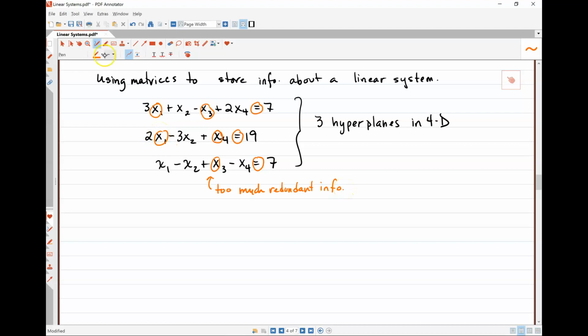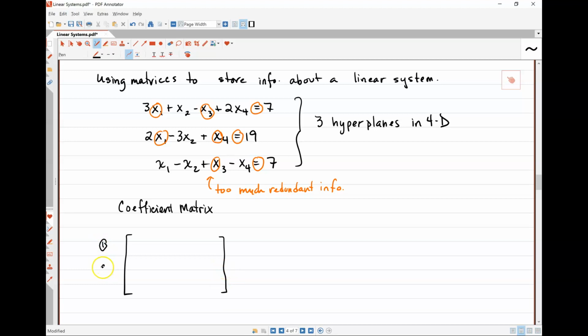So the way that we can store this information is by breaking it into 2 parts. We have one part that stores all the information about the left-hand side of the equation, called the coefficient matrix. It literally just contains the coefficients of all of the terms in these equations.